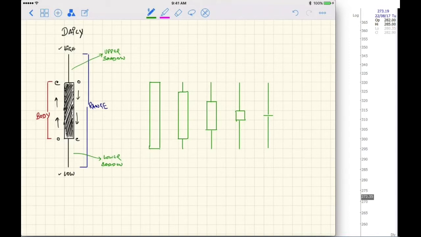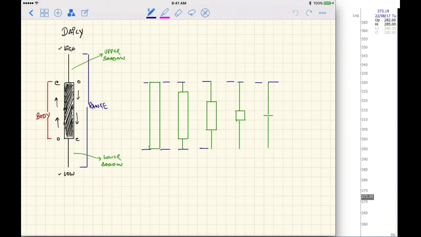All 5 of them I have purposely drawn in green, just to imply the fact that it's a positive day. You notice all the 5 candlesticks have the same range. It has the same range, means the highest point and the lowest point are the same. So the range is same. But the only difference is the body compared to the shadows.